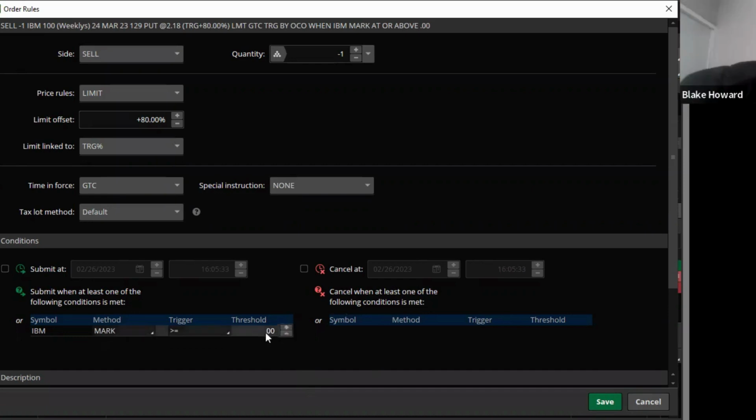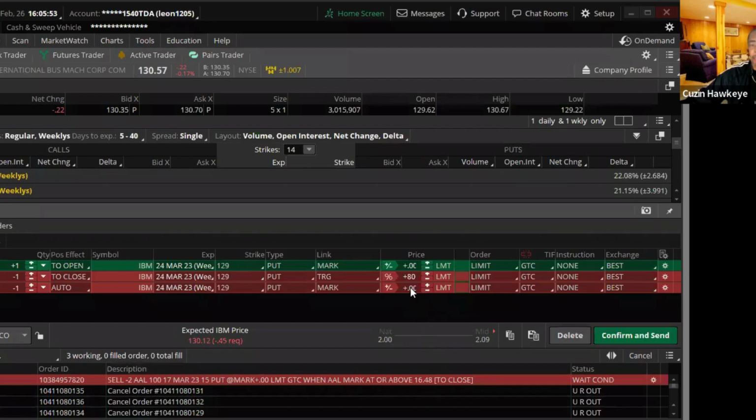I marked that at 0. Make sure it's still there. So it's still there by 80% for our target price. It wouldn't let me click back to the Zoom until I saved. That's right, you gotta save it. Hit save. Okay, now I got it.